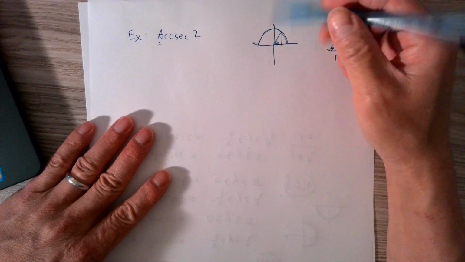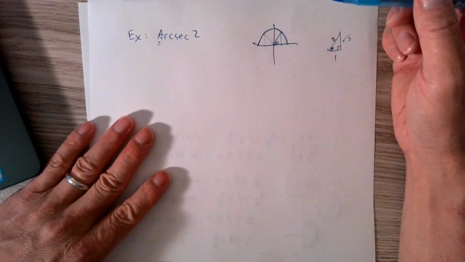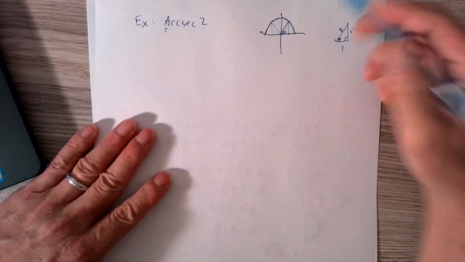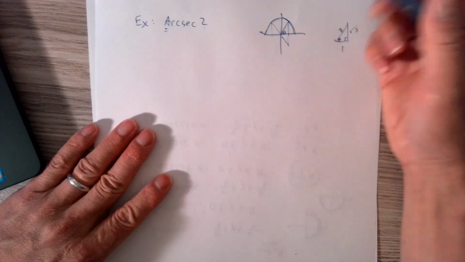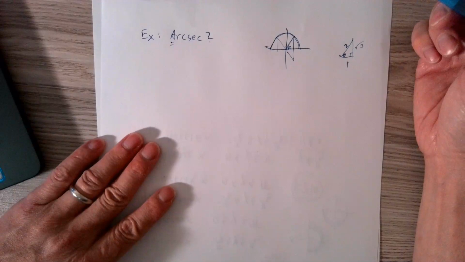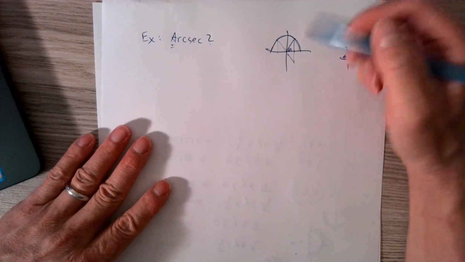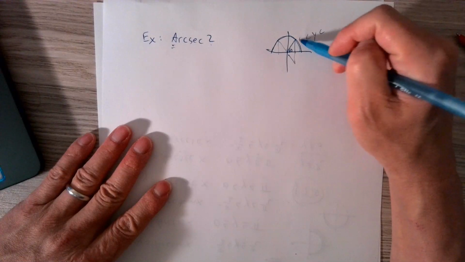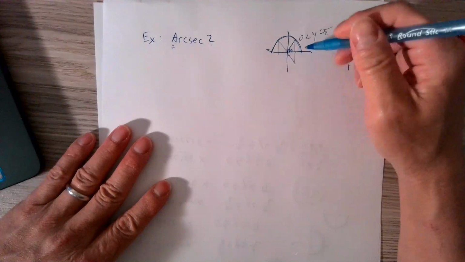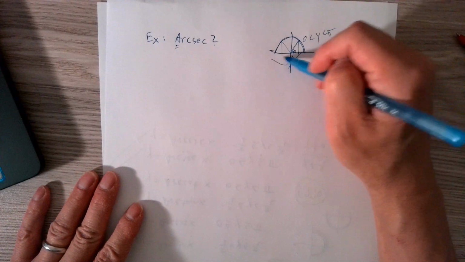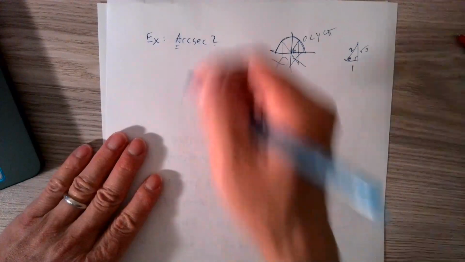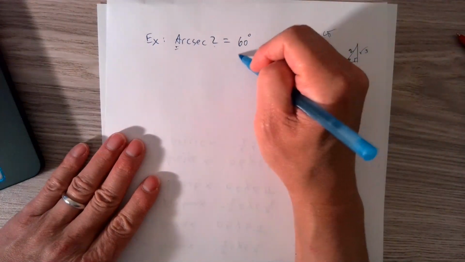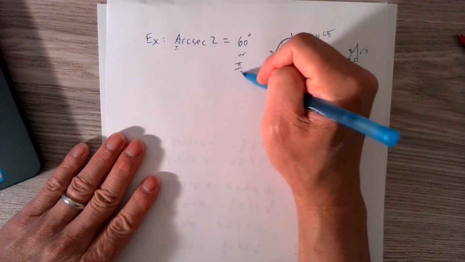Over here, we do not get a secant value of 2. We would get a secant value of negative 2. And then here's the other triangle in the unit circle that has a secant value of 2, but that's not within, y is supposed to be from 0 to pi. So we don't care about that one, we don't care about anything here. So 60 degrees, or pi over 3.